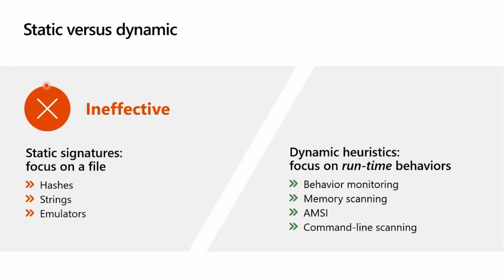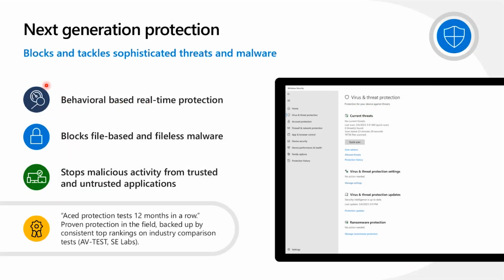Now, we would much prefer something more dynamic, something that's able to come up with a verdict on its own, that has behavior monitoring or memory scanning or command line scanning. So we think that is a more effective approach. That is where this next generation protection comes in.